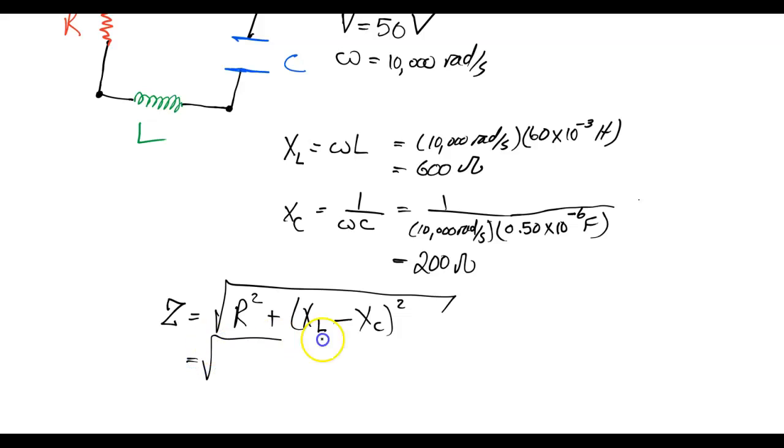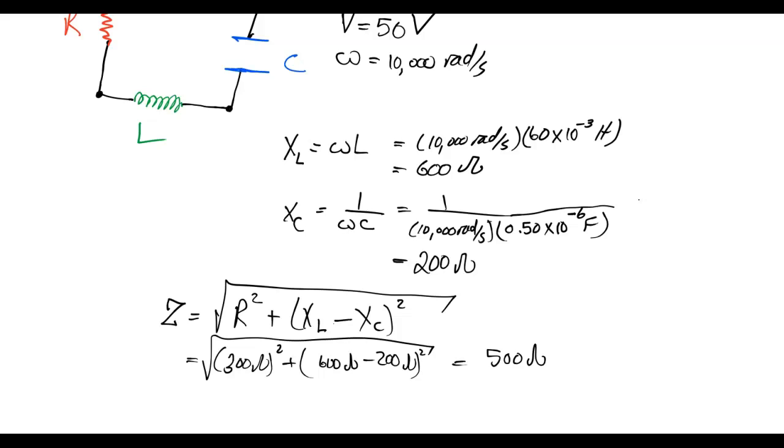So the impedance in this case equals the square root of the resistance, which is 300 ohms, quantity squared, plus 600 ohms minus 200 ohms quantity squared, and that gives us an impedance of 500 ohms.